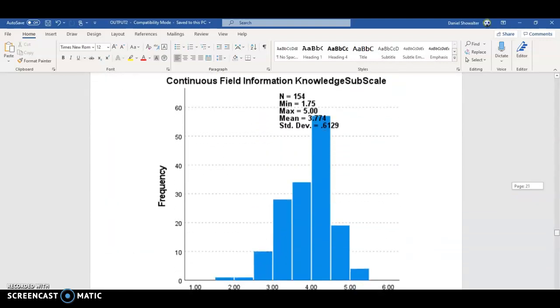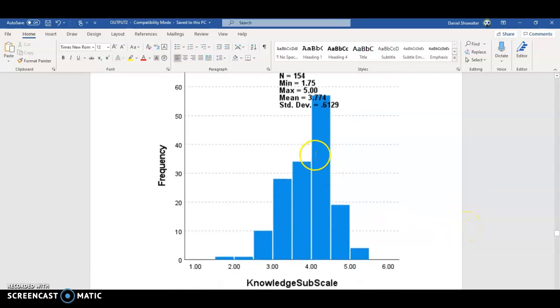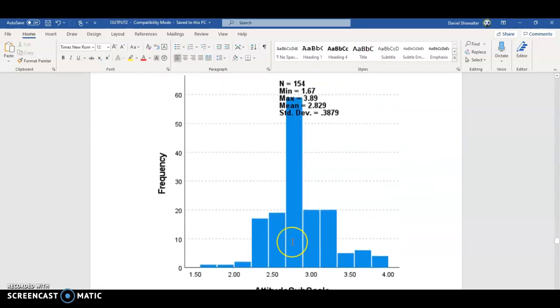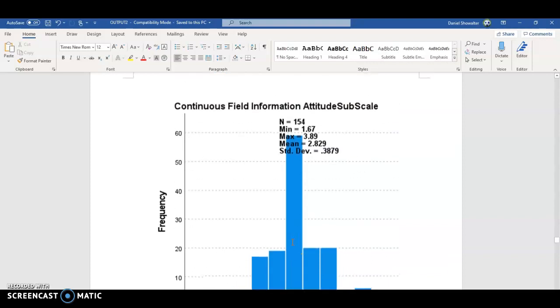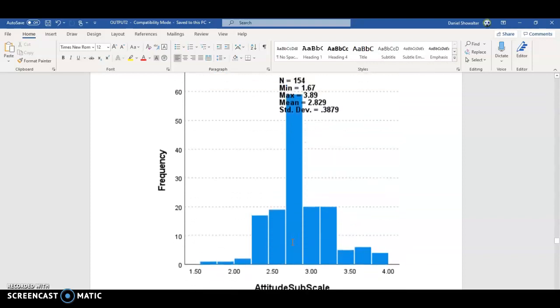These are useful here. So knowledge subscale, we're seeing maybe a little bit of a left skew. It seems that virtually everyone has at least a mediocre amount of knowledge. For attitude, we have a pretty normal distribution.